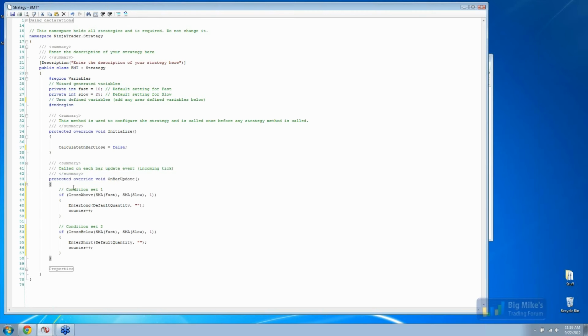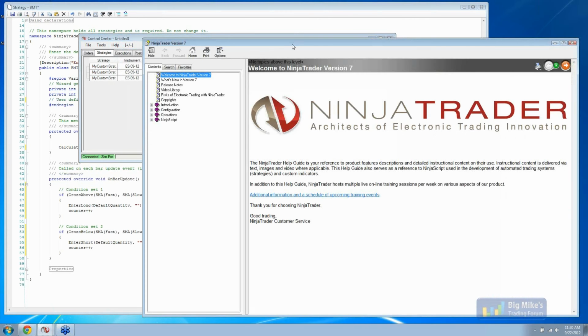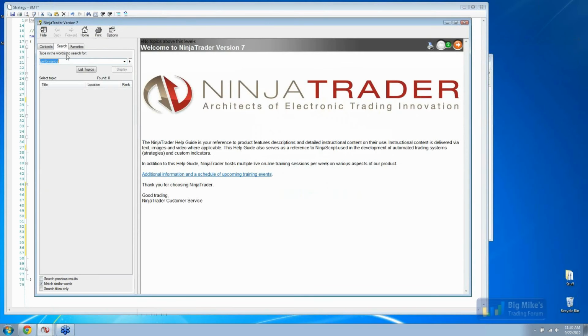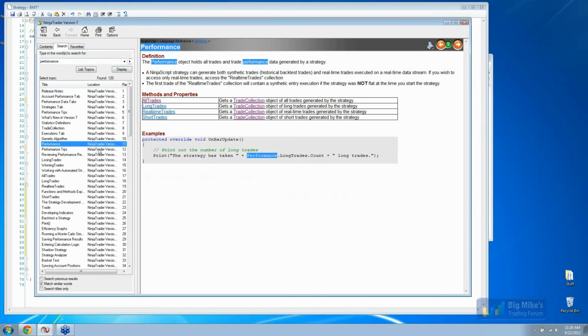They're known as performance objects, trade objects, and trade collection objects. So I'm going to bring up my help guide over here and show you guys a little bit about these items I'm referring to. If I type in performance here, there is an article called performance over here that you want to click.